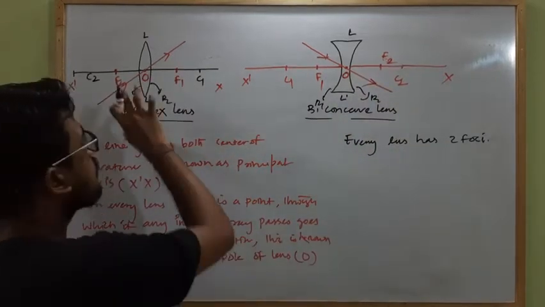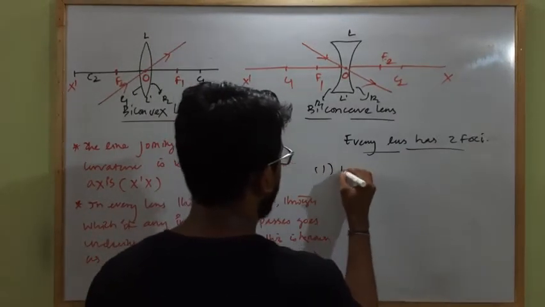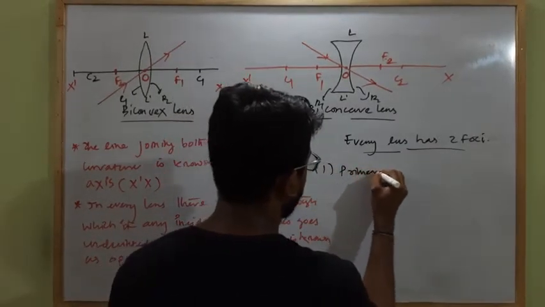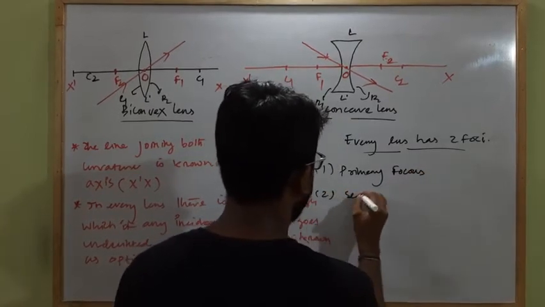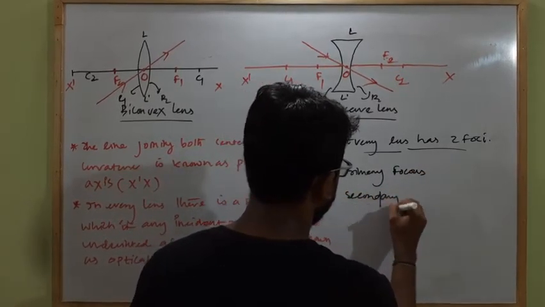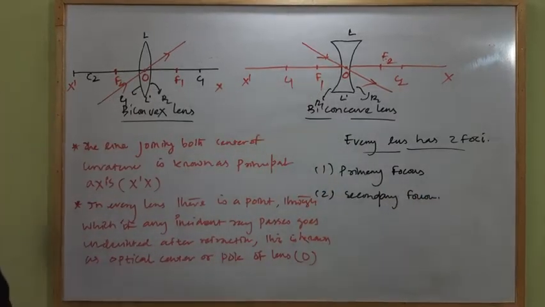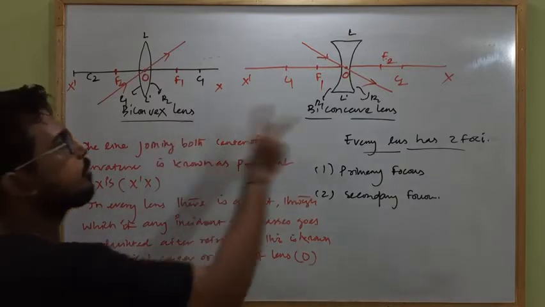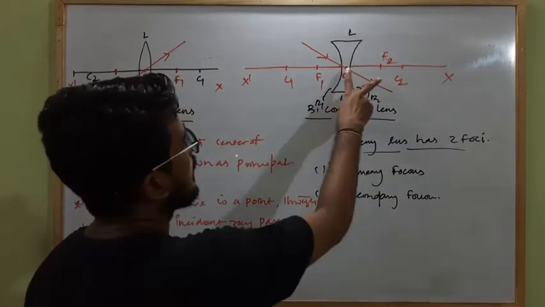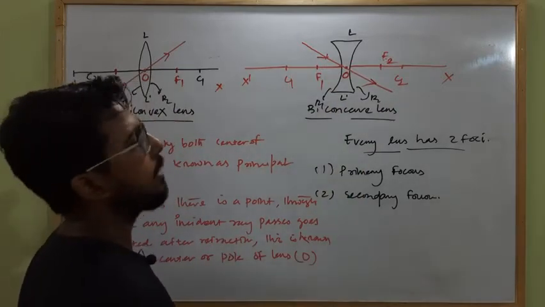So these two focus are categorized in two parts. One is primary focus and the other one is secondary focus. Okay, so each lens has two focus, one is primary focus and the other one is secondary focus, because both have two radii of curvature and two centers of curvature depending upon the two refracting surfaces.